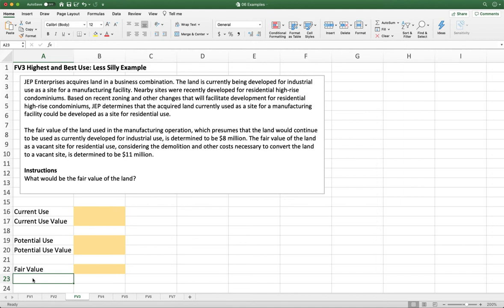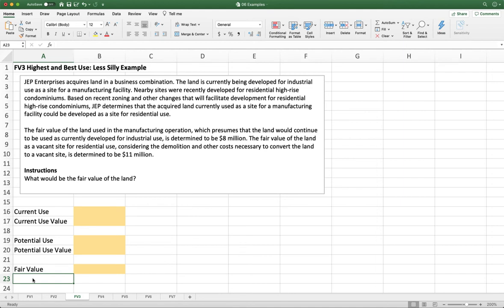The fair value of the land in the manufacturing operation, which presumes that the land would continue to be used as currently developed for industrial use, is determined to be $8 million. The fair value of the land as a vacant site for residential use, considering the demolition and other costs necessary to convert the land to a vacant site, is determined to be $11 million.